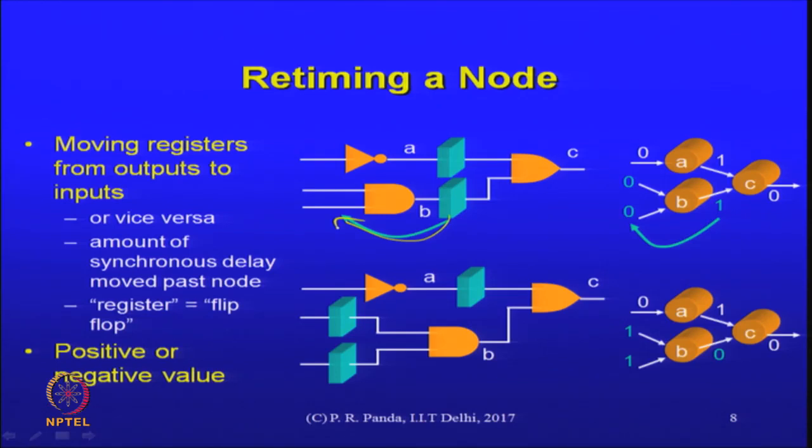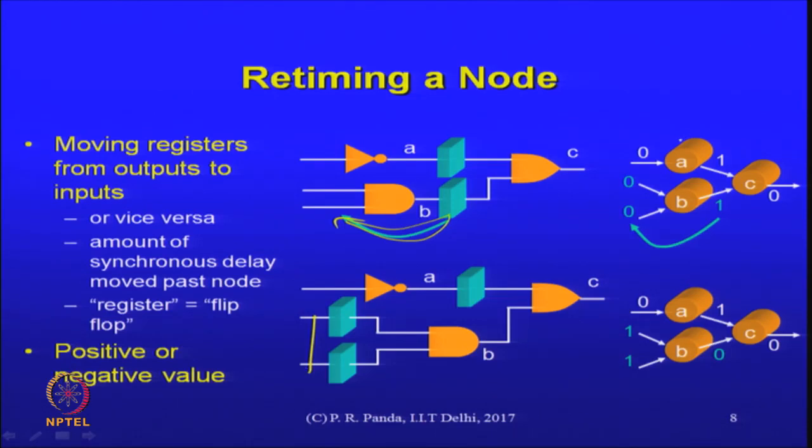Remember, in the process you may be creating more registers. As we move the register from output towards the input, we actually created 2 registers. But that is considered a retiming value of 1. It is the amount of synchronous delay that is moved past a node, that is the retiming value associated with a node.